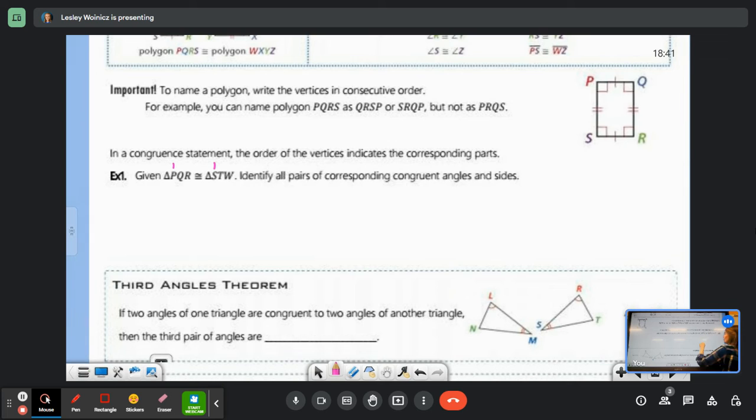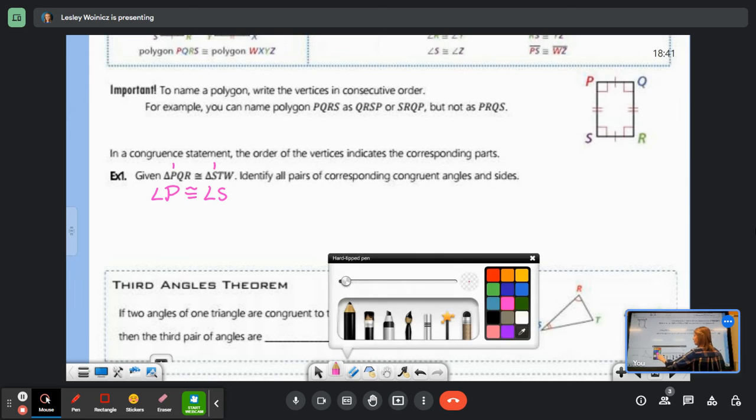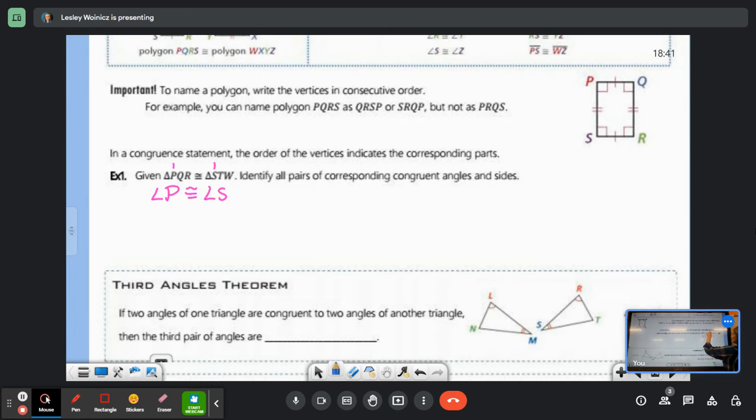P and S are both written first, so angle P is congruent to angle S. Next, Q and T are written second, so angle Q has to be congruent to angle T. Third is R and W, so angle R is congruent to angle W. That takes care of the angles.